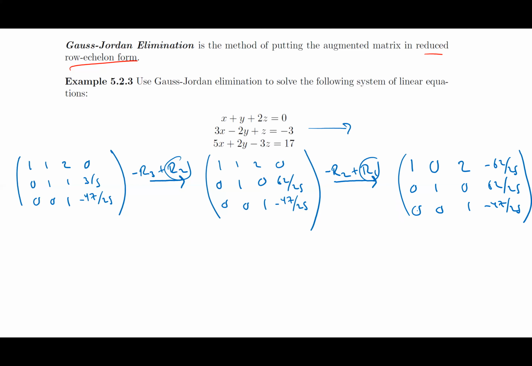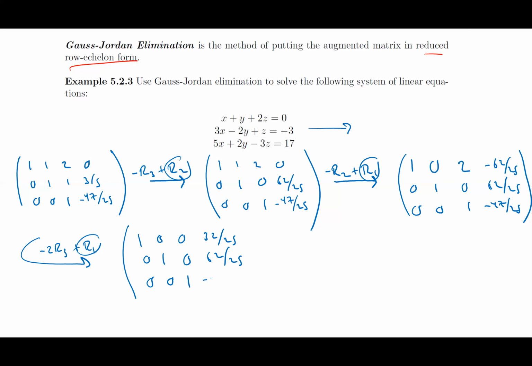And then the last thing I can do is take, well, how about negative 2 row 3 plus row 1. And so when I do that, I'll have 1, 0, 0, 32/25. And then 0, 1, 0, 62/25, 0, 0, 1, negative 47/25. Okay.